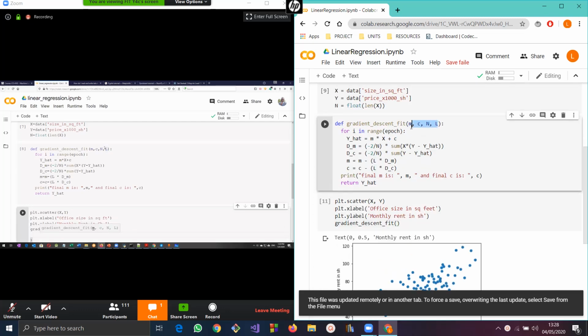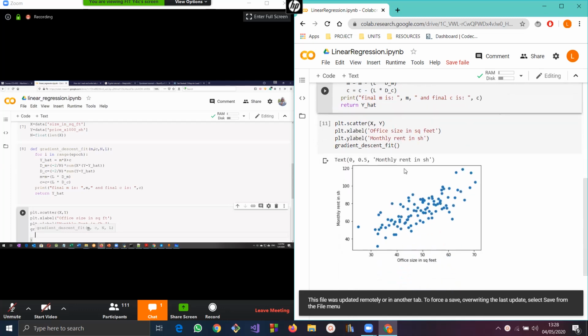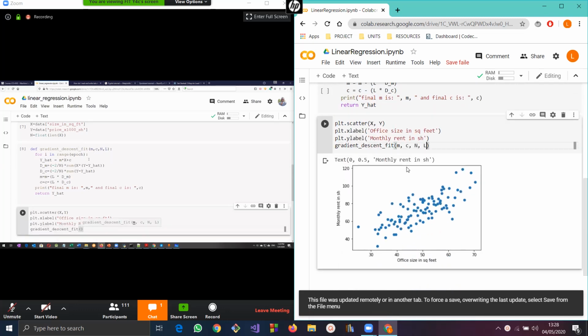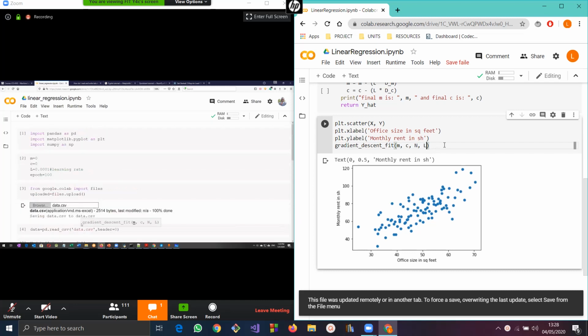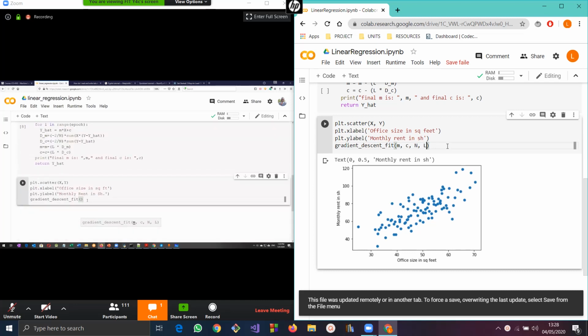Okay. And let's wait a minute. We can just pass all these as defined up there. And it will not do you any harm. So M and C, they are 0. Okay. N, which is the size, and L, which is the learning rate.